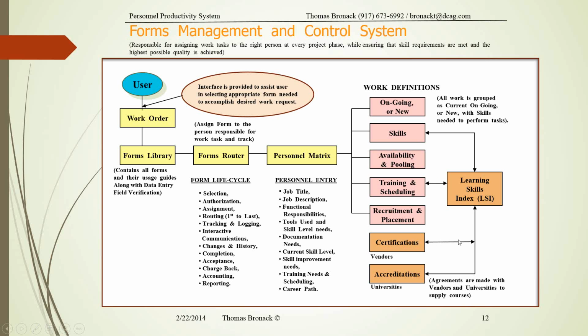Additionally, you may have a need to be certified on a vendor product, so we can go to the vendors and schedule classes for our people and get certifications. Sometimes the vendors don't provide the education you require, but universities do. So you can get an accreditation from a university that you have an agreement with. Through all this, your people will definitely be trained up to the speed they need, and the morale of your staff will definitely be improved.